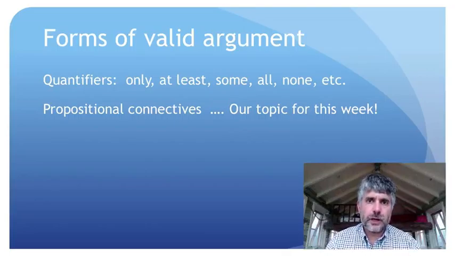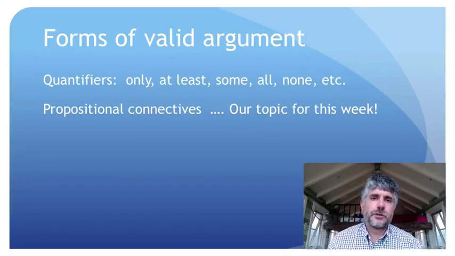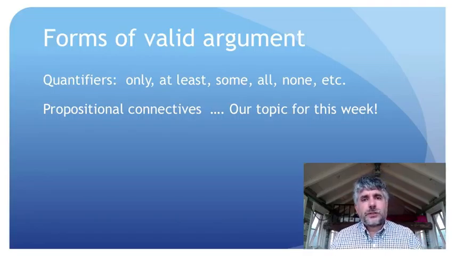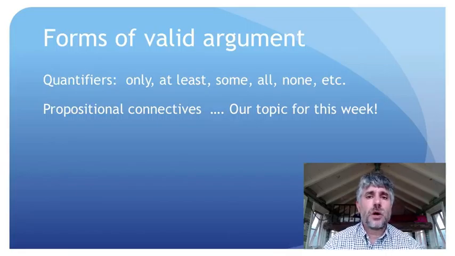Now, only and at least are both phrases that we're going to call quantifiers. And next week, in week 5 of the course, when we study the subject that we're going to call categorical logic, we're going to be studying in particular quantifiers like only, at least, some, all, none, and phrases like that.